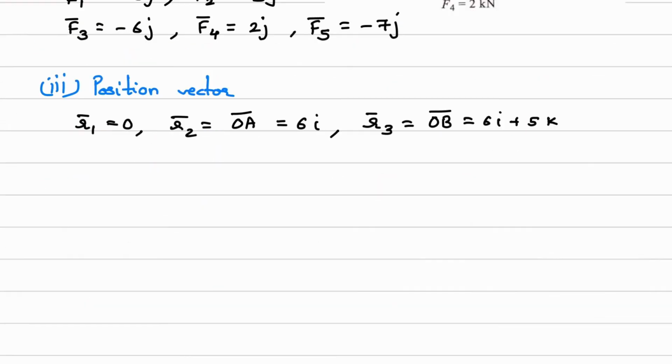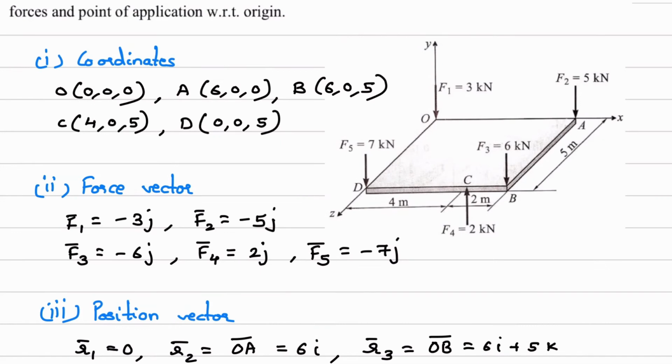Next, position vector of force 4. It is acting force in upward direction at point C. So position vector, it will be OC. So C minus O, it will be 4I plus 5K.